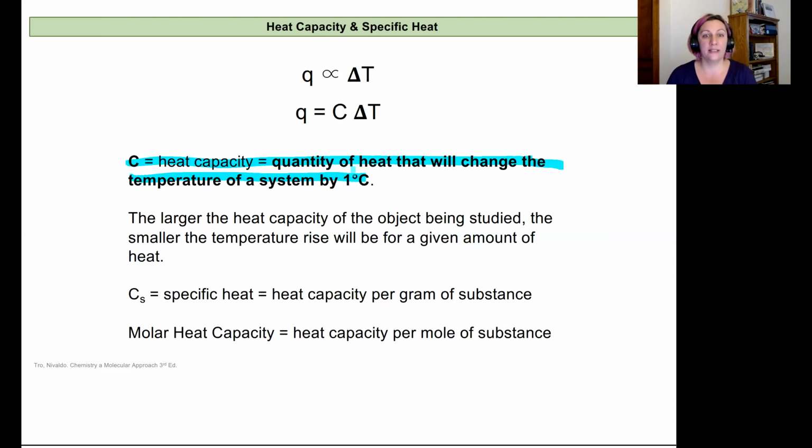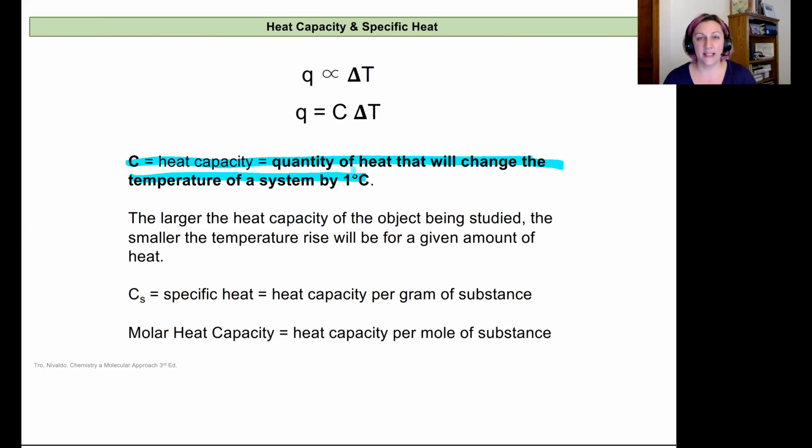And so let's say you were going to pick up an object that had been in the fire. Would you rather pick up an object that had a really high heat capacity or a really low heat capacity, right? If I don't want to get burned, I want the object in the fire to not have actually increased in temperature when it's absorbed a certain amount of heat as much as the other object. And so I'll always pick up something that has a higher heat capacity to protect my hands.